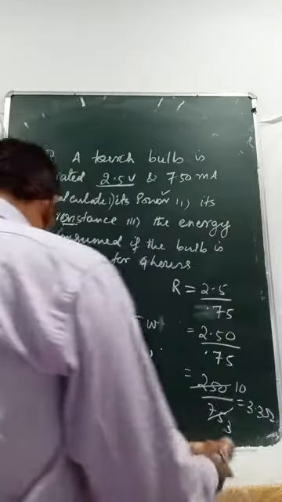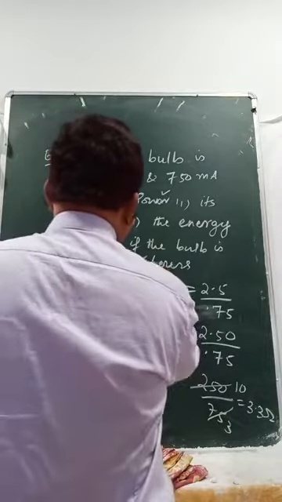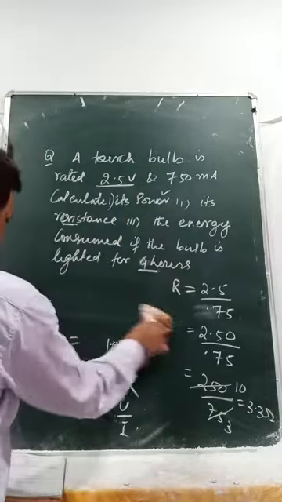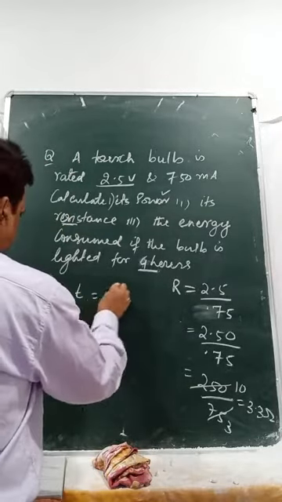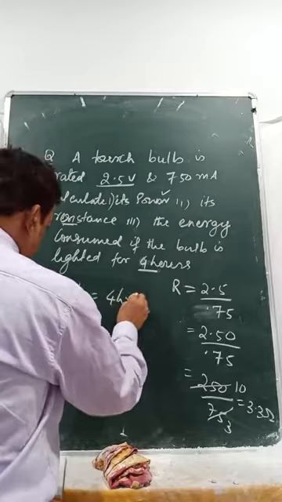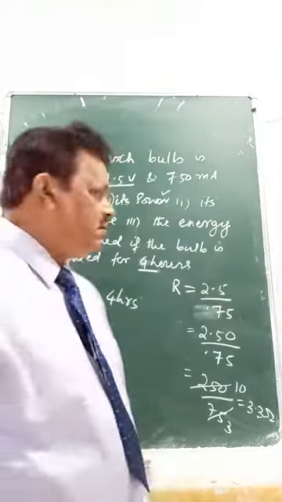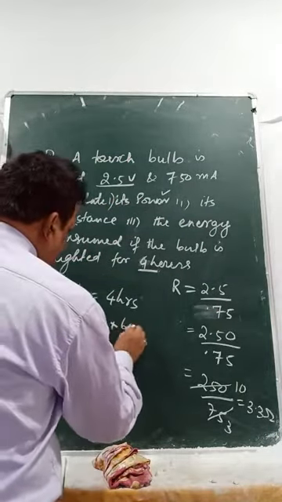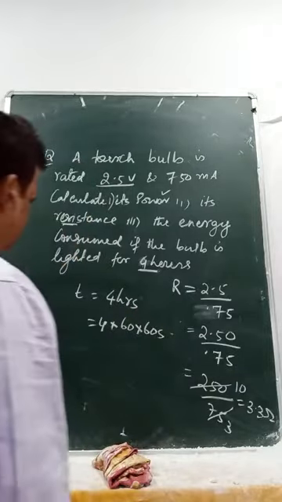Then you will find out the energy consumed if it is used for 4 hours. So time is given, 4 hours. First convert to seconds, 4 into 60 into 60 seconds. Okay.